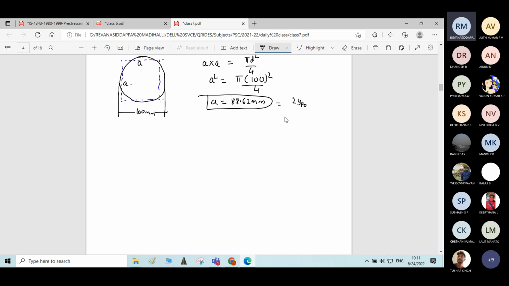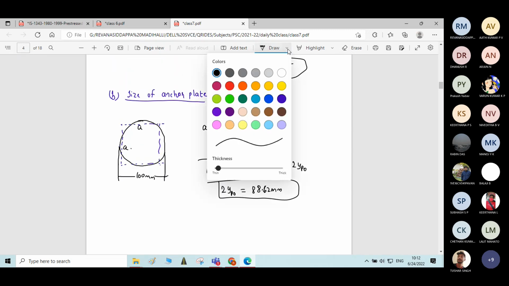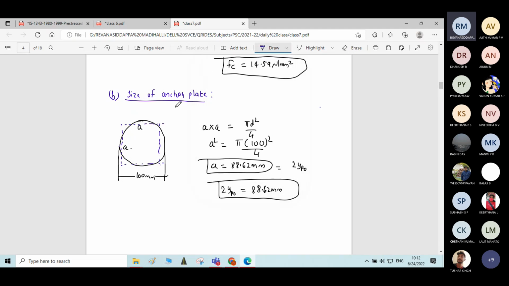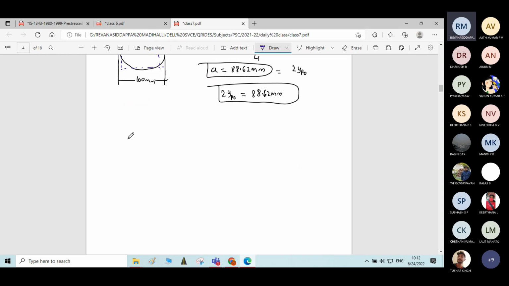So you got the value of 2 yp naught as 88.62 millimeter. This is the second step. This step will be there only if a circular cross section is given. If a rectangular section is given, this step will not come into the picture.